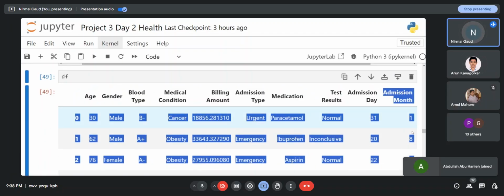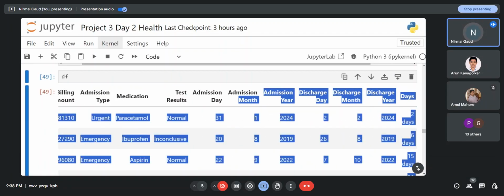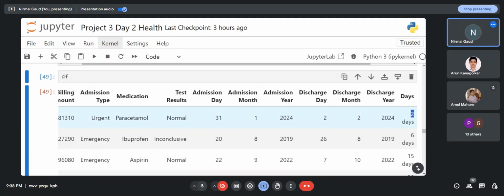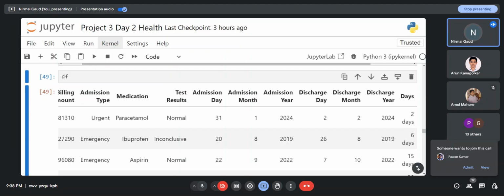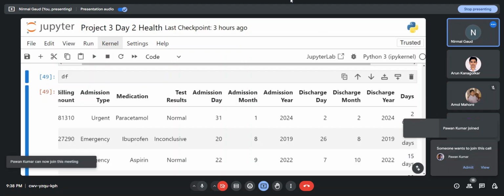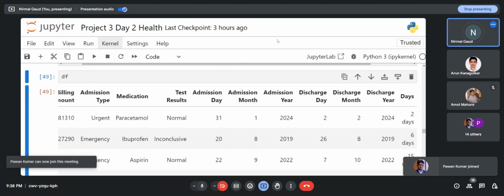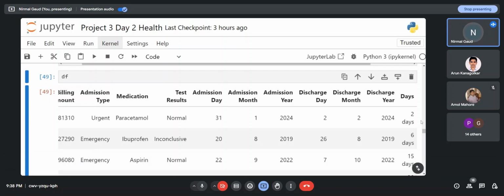Sir, days will be converted into numerics, because what I'm going to do is I will split this. It is written as 2 and space days. So I will pick up the zeroth location element, and then I will do the integer value conversion. Okay, that can be considered. So days will be like 2, 6, 15.